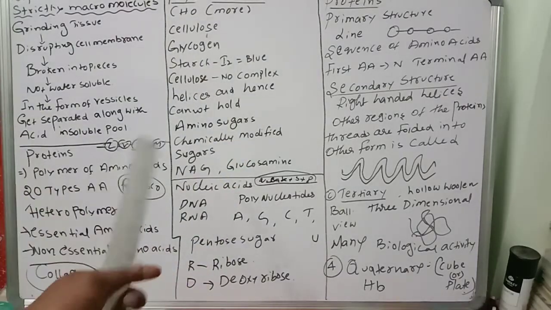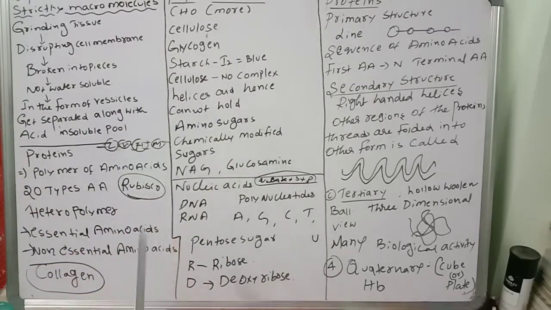Chemically modified sugars, examples: N-acetyl glucosamine, NAG, and glucosamine, they are part of the bacterial cell wall. Next, pentose sugars present in DNA and RNA: in RNA ribose, in DNA deoxyribose. So the OH group will not be present in deoxyribose at the second position.